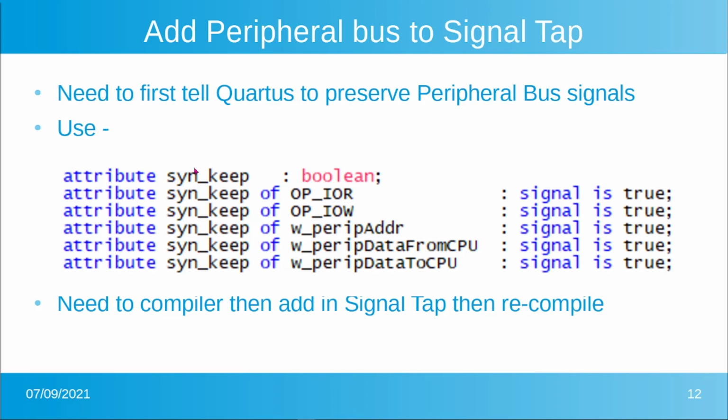Well, this syn_keep attribute, if you follow this sort of pattern, will make these pins available to the Signal Tap peripheral inside of Quartus. You have to recompile after you do this, because it doesn't know those until you recompile the part.